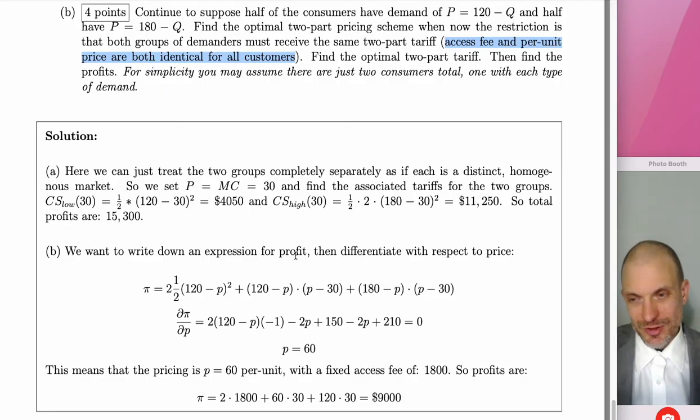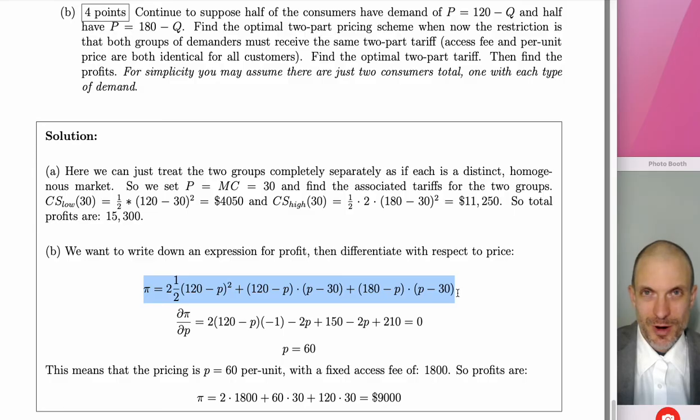But anyway, for this one, we're going to write out profit as a function of price. So this is 2, why 2? Well, we have two consumers. And so I'm going to get tariff profits, that's this right here, based on the consumer surplus for the smaller group. So I'm swapping out 30 for P, or P for 30 right there.